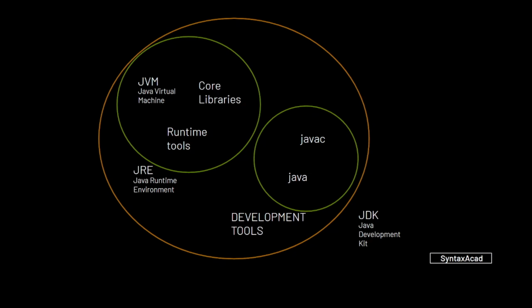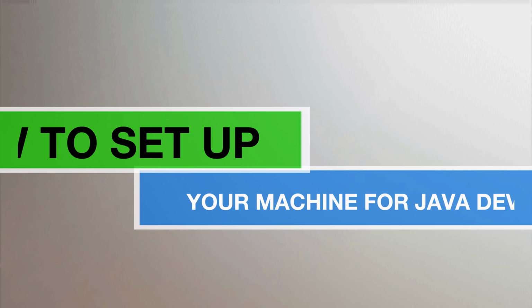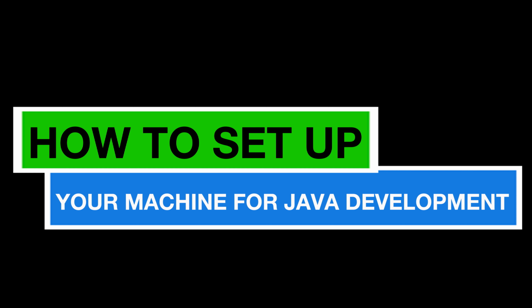Bytecode is a computer friendly equivalent of your application code. Bytecode is executed on any platform using the Java virtual machine. And the environment necessary for you to be able to run this bytecode is what is called the Java runtime environment.